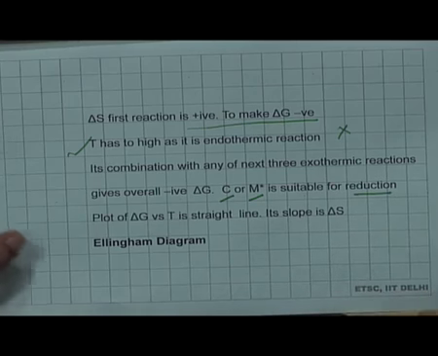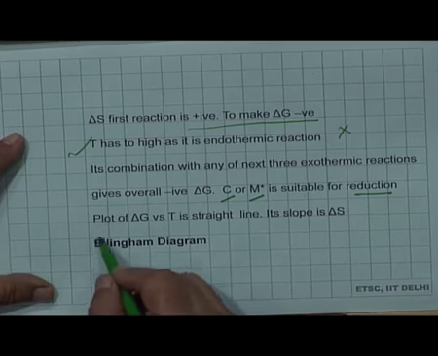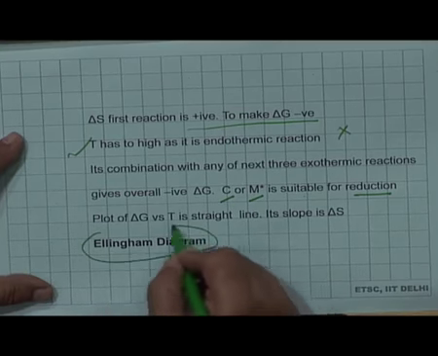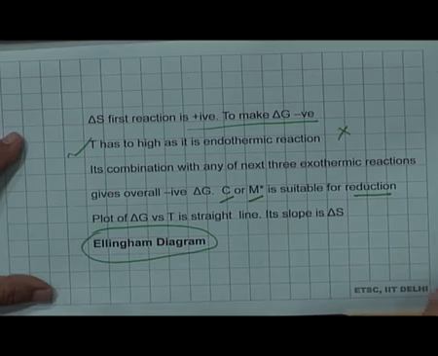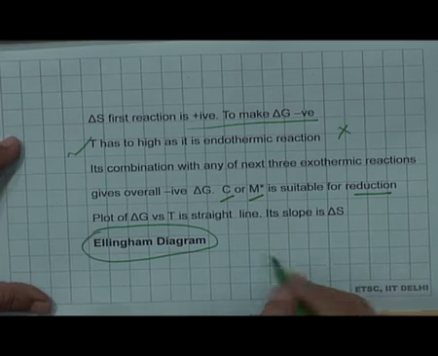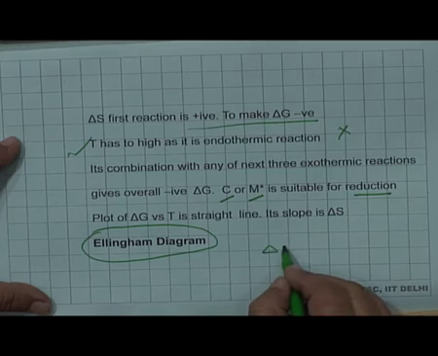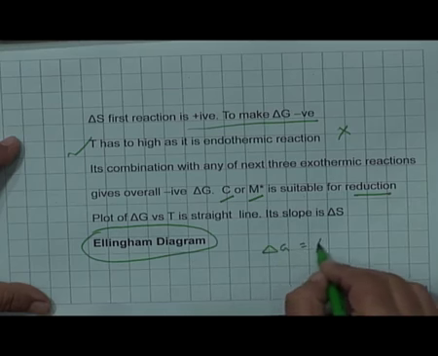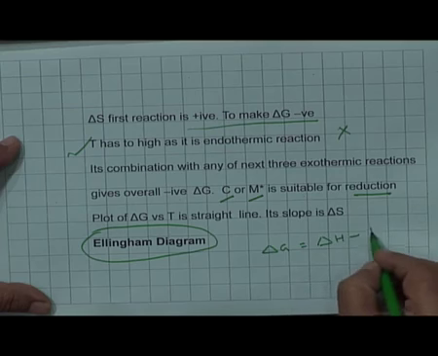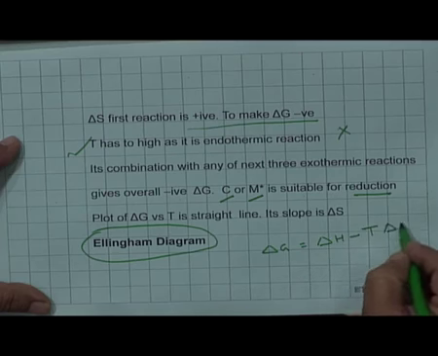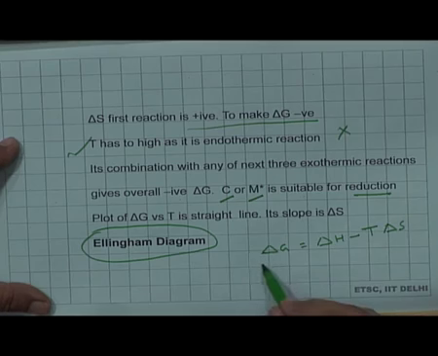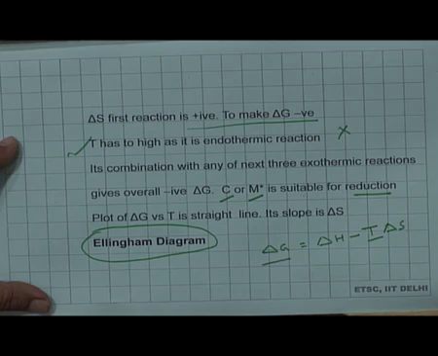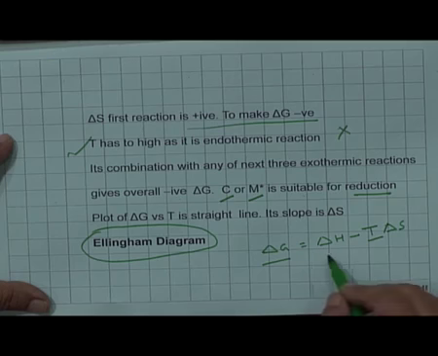Now, this whole thing we represent in the form of a diagram called the Ellingham diagram. What is the Ellingham diagram? If you write this equation, then the plot of delta G versus T will be a straight line, and this delta S will be the slope and delta H will be the intercept.